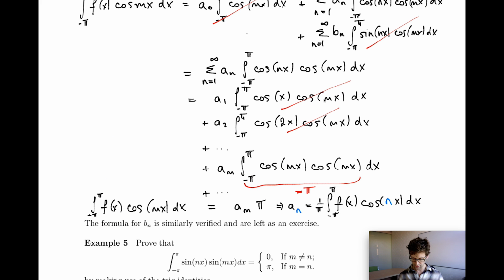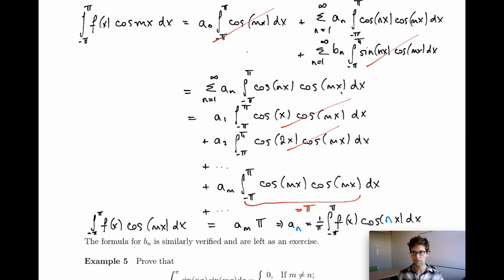So we made use of the idea that the integral of cosine nx and cosine mx is going to be 0 except for the case when n and m are the same number. We used that to isolate am and figure out the formula for am. Now the proof for the coefficient of bn is very similar.